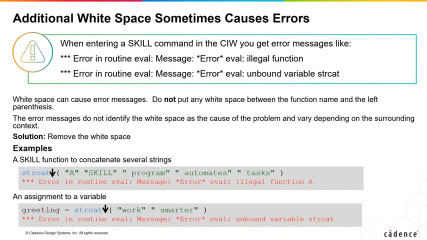And that's because it's evaluating left to right. So the first thing it sees is what looks like a variable called strcat that needs to be evaluated and assigned to greeting. And then it'll worry about the work smarter string later. So again, in this context, same basic error, but a slightly different error message. And in both cases, the fix is to remove the white space.